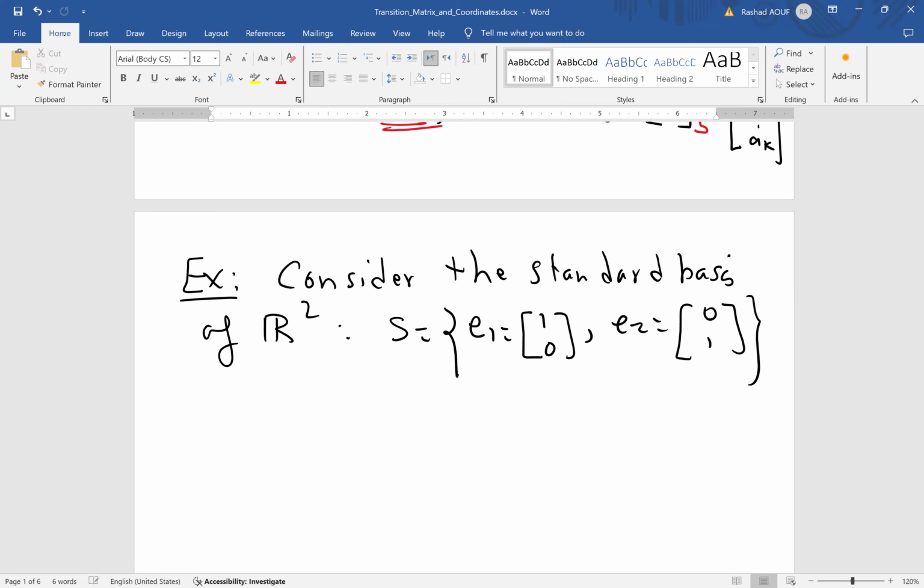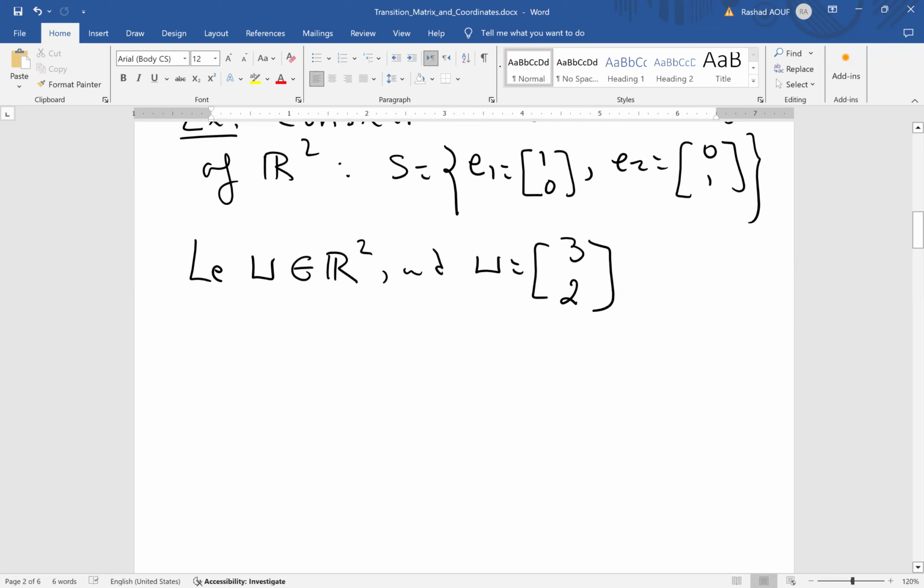Let u be a vector in R2, and u equals (3, 2). Those are the components of u. The question is: what are the coordinates of u with respect to S?